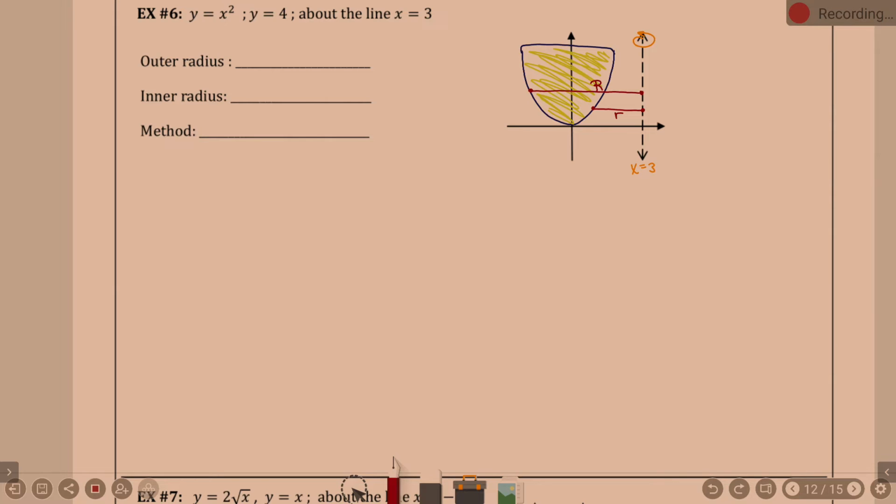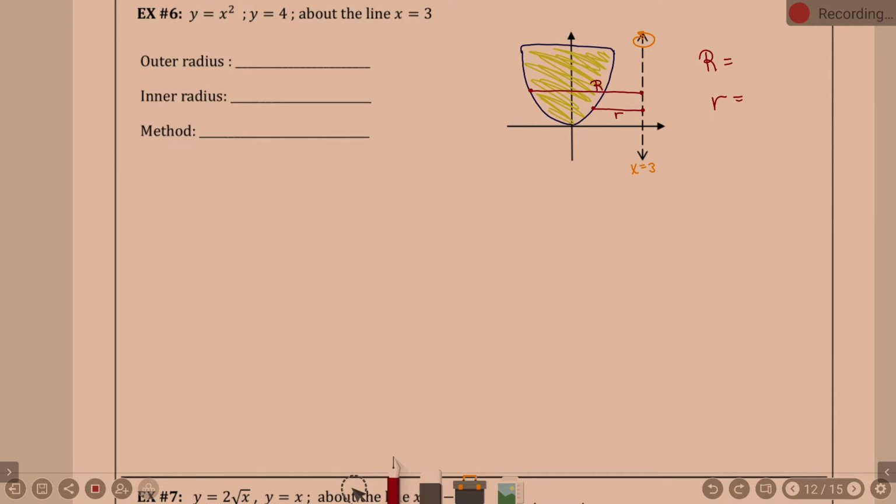Now, as we start talking about big R and little r, what do we have to consider? This is a vertical axis of revolution, so we need to be working in terms of y, because it's vertical like a y-axis.